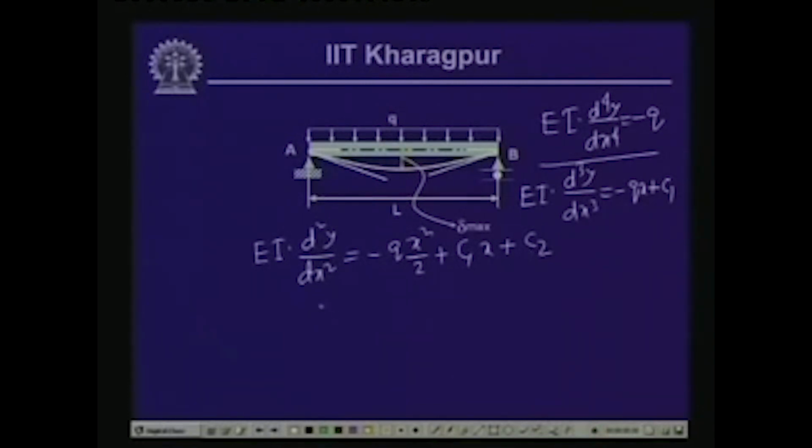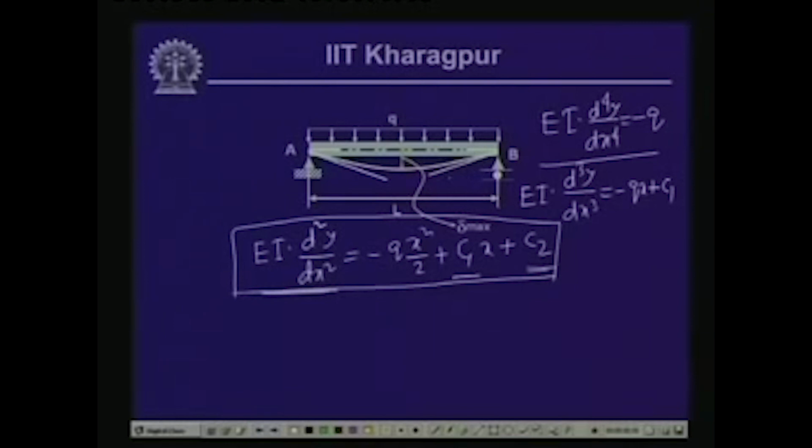Now, let us apply the boundary conditions here itself. Since we know that c1 and c2 are the two unknown constants, and EI d2y dx2 represents the value of the bending moment.